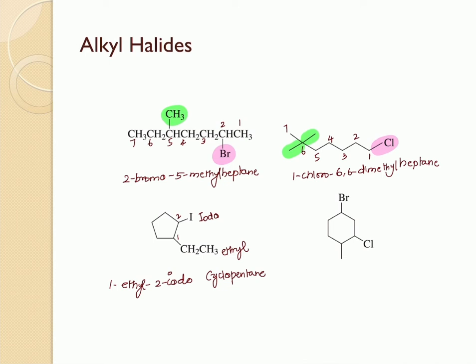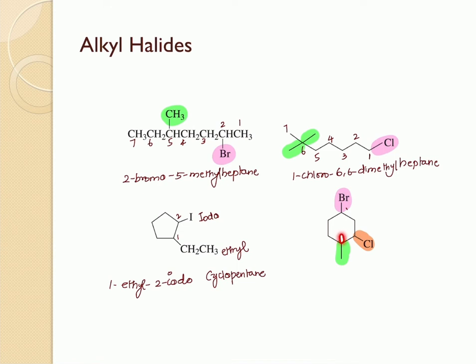Let's go on to the next one. This is a cyclohexane ring. Now you have 3 substituents in here. You have a methyl group, a bromine, and a chlorine. Between these 3 substituents, which one is going to be assigned as number 1? Here the lowest number is going to take priority. We need to make sure that all of these substituents get the lowest possible number, for which we are going to choose either the methyl group or the chlorine to be at 1. Now which one are we going to choose? It would be wise to choose the methyl group to be at position 1.